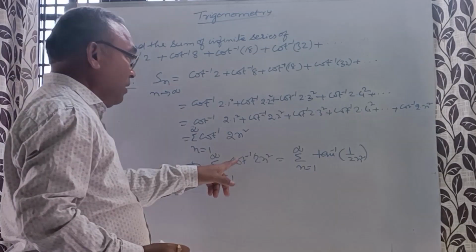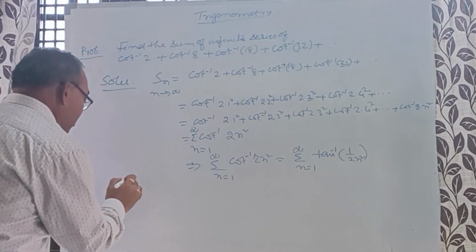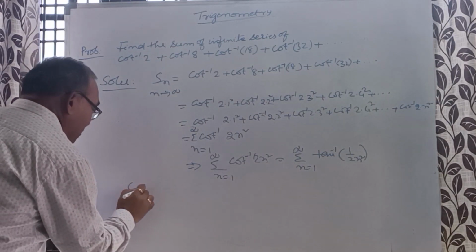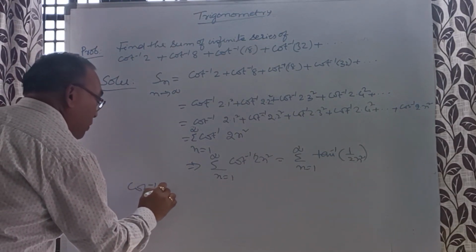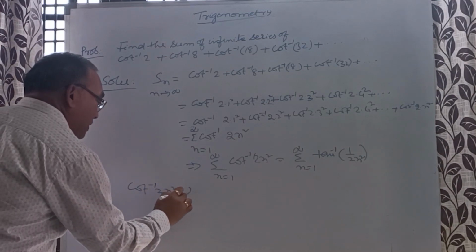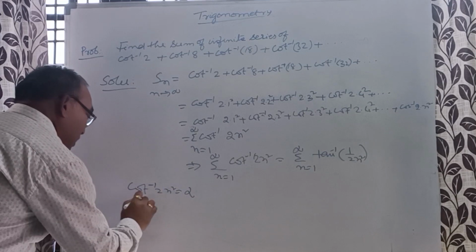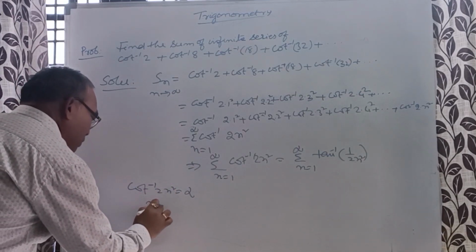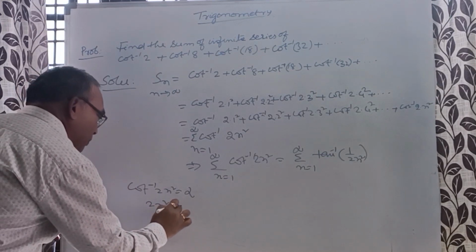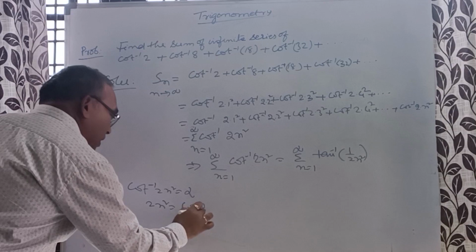Why? Because cot's opposite is tan. I will explain. Say cot inverse of 2n square is equal to alpha. Then applying cot on both sides, 2n square is equal to cot alpha.